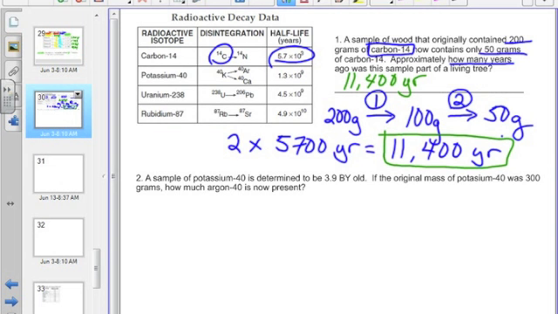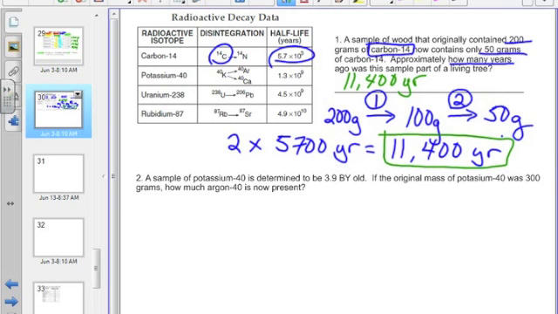Let's try another question. A sample of potassium-40 is determined to be 3.9 billion years old. If the original mass of potassium-40 was 300 grams, how much argon-40 is now present? Interesting in that two things.